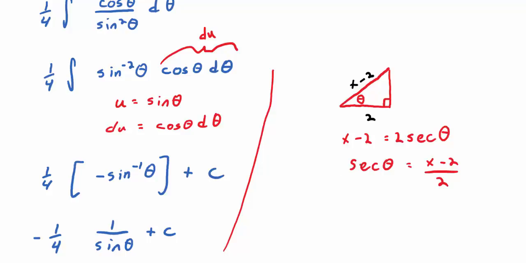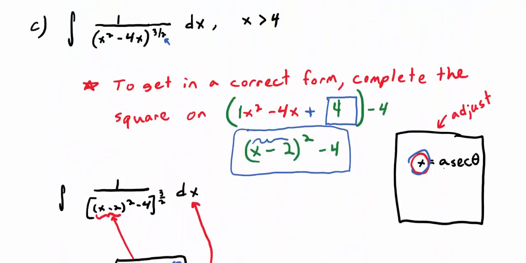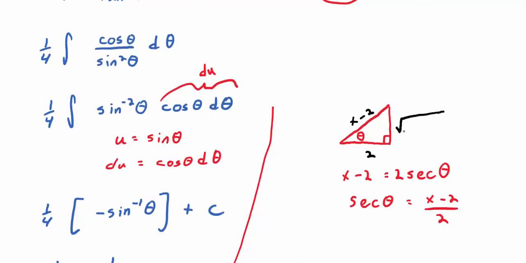There we go. Any guesses as to what the opposite side is going to be if you apply the Pythagorean theorem? Right. I believe that's right. And it will also be the square root of x squared minus 4x.